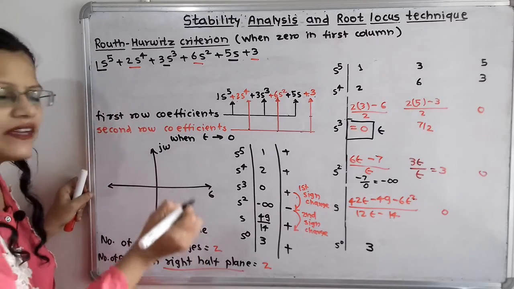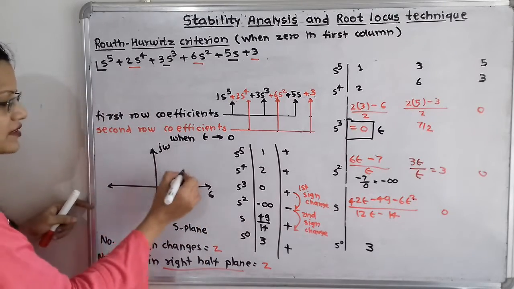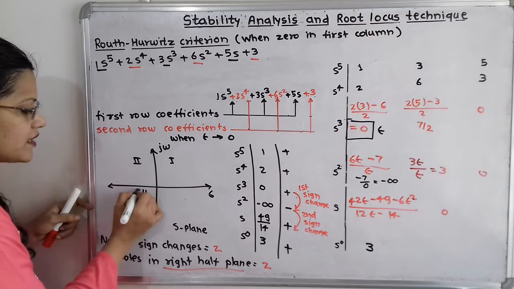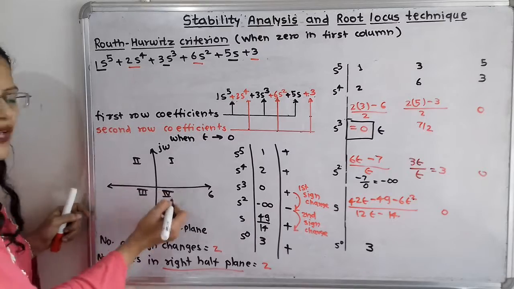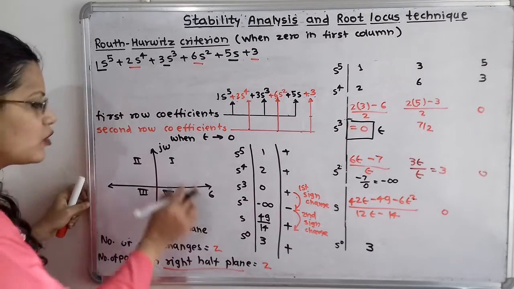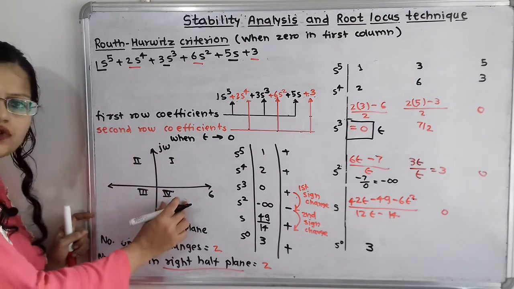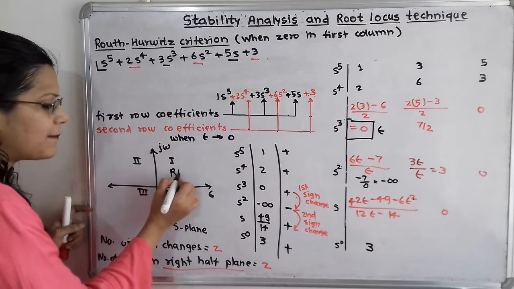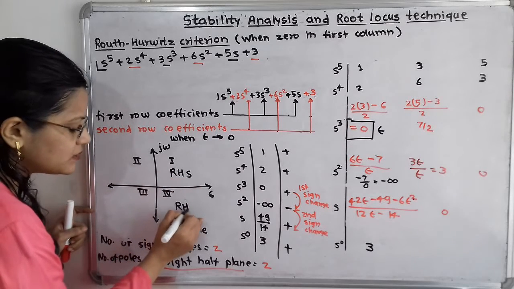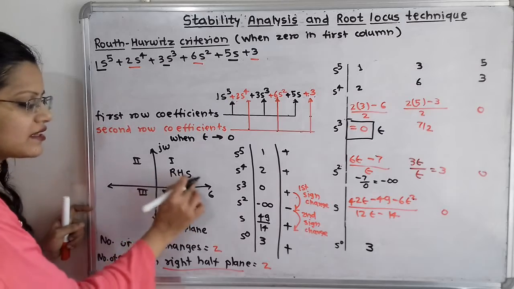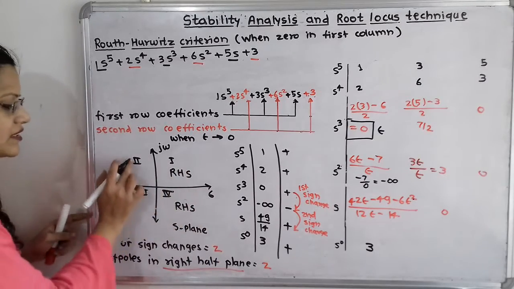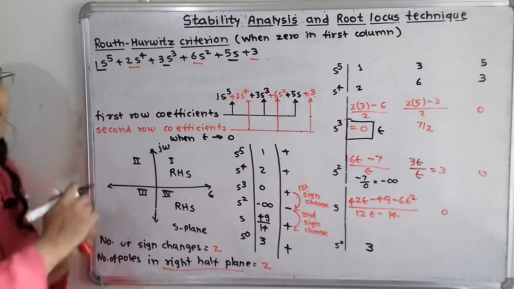Now if I give numbers to the quadrants, this is the first quadrant, second quadrant, third quadrant and fourth quadrant. According to this, the number of poles in the right half plane: the first quadrant and fourth quadrant are the right half plane, the right hand side of this S plane, and the second and third quadrants are the left half plane.